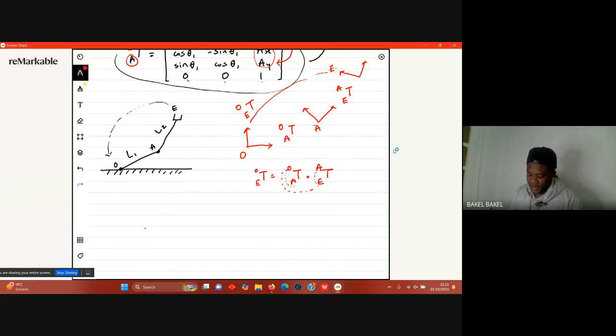I will start by reiterating that T, A, O is equal to cos theta 1, sine theta 1, 0, minus sine theta 1, based on the formula we already have. It's not like I'm springing it out from anywhere.